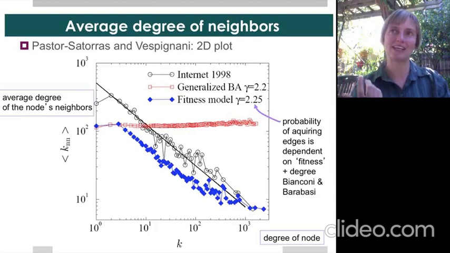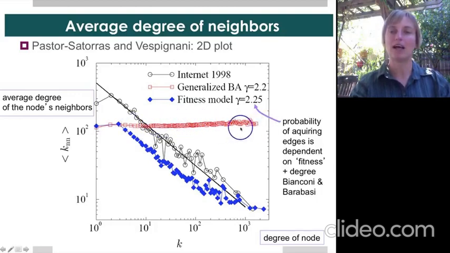Do you remember how I said you can test your models by doing additional measurements? Well, here's an additional measurement that the regular Barabási-Albert preferential attachment model fails. It has no trend in the average degree of the neighbor as a function of the degree of the node. But if we look at the physical internet, it says that the average degree of the neighbor falls the higher the degree of the node.